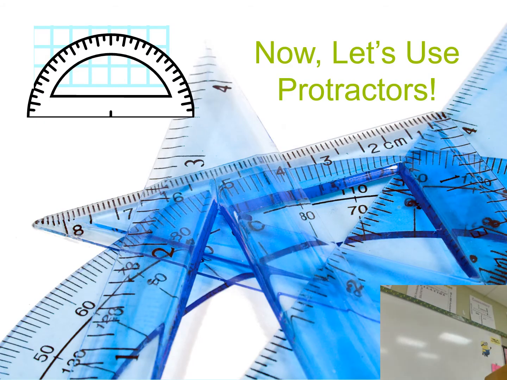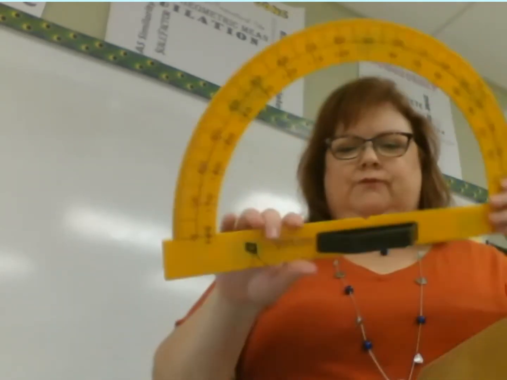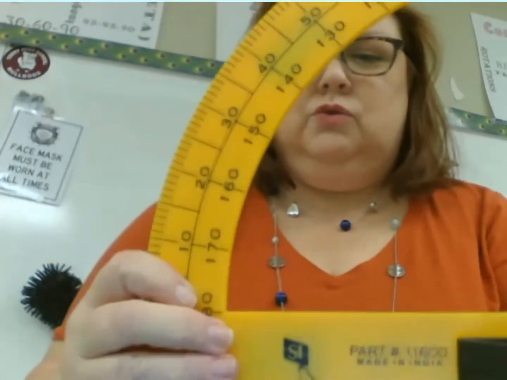Okay, so for protractors, you're going to need a protractor, but not as big as the one I'm going to have here. This is for demonstration. Your protractor, see how big? Lovely. Alright, it has 2 scales. They both end up going to, where's my hand?